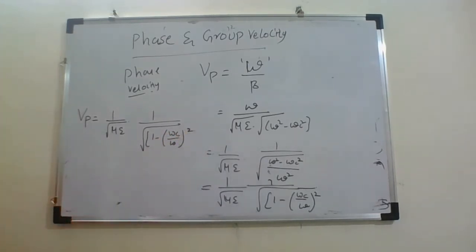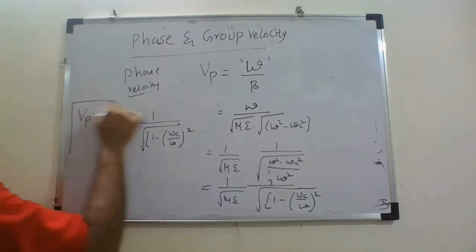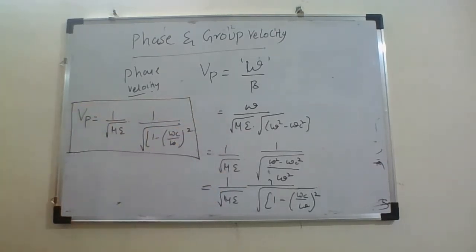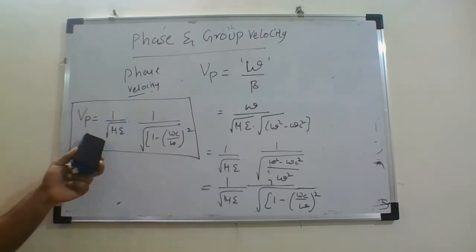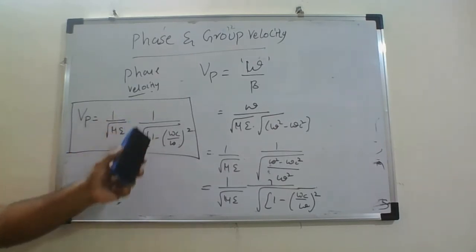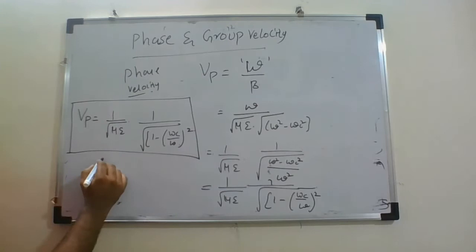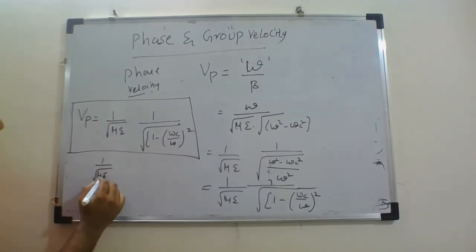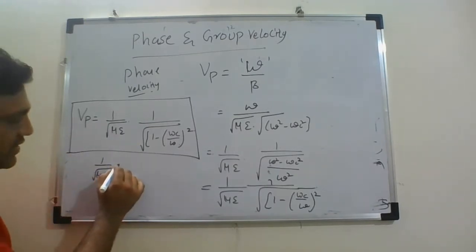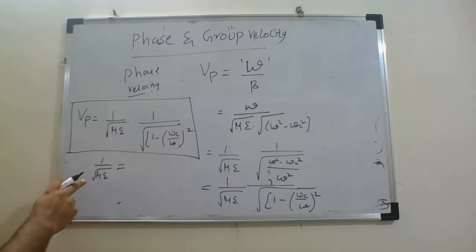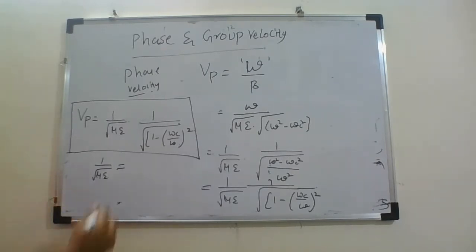Generally we know that 1 by root mu epsilon is nothing but the velocity in free space, the velocity of light inside free space. So we can take that as c.